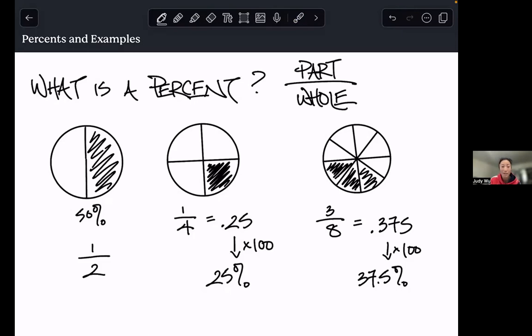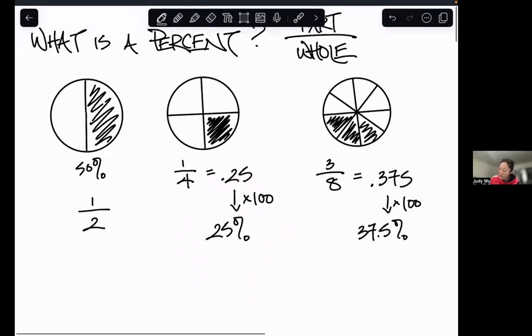We can use a calculator for all of these computations, but really thinking about what it means is the important takeaway. A percent is really part over the whole. We multiply by 100 to tell us how much of the whole thing we actually have. That's a quick introduction to what a percent is.